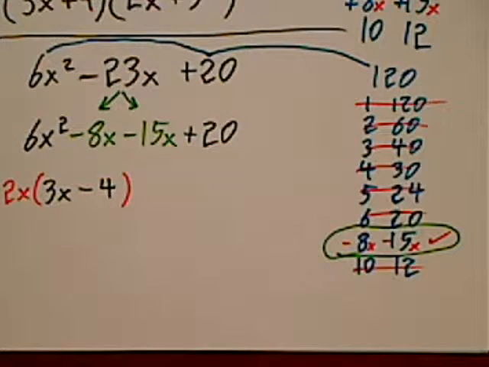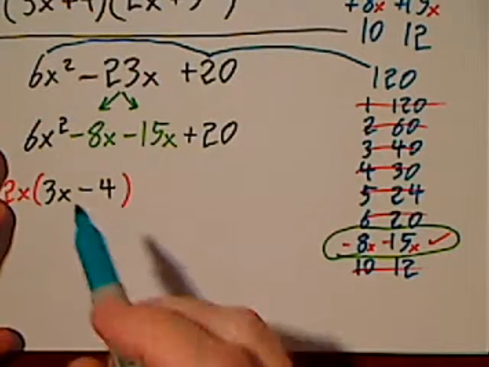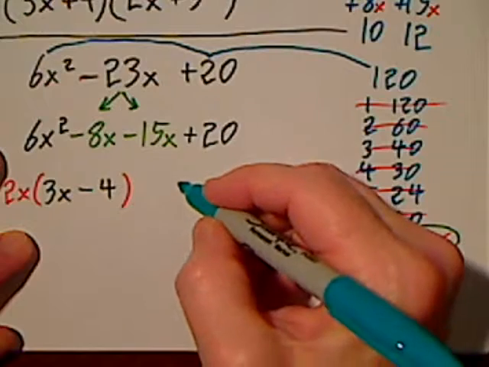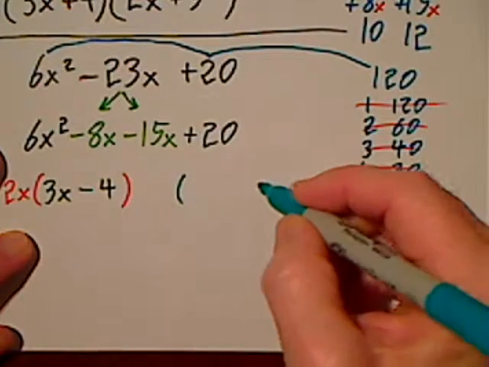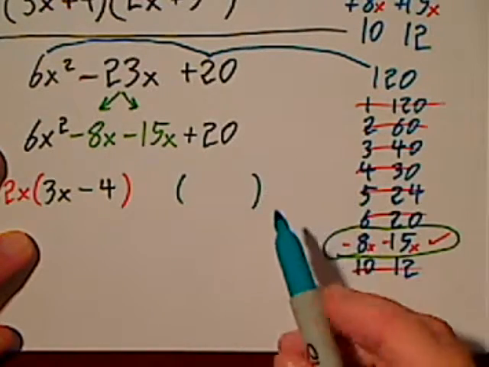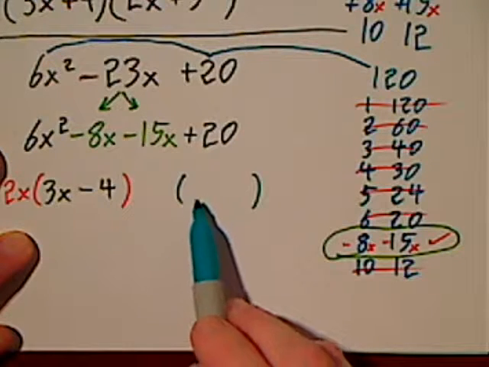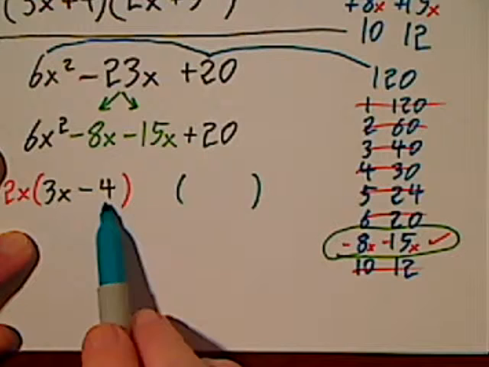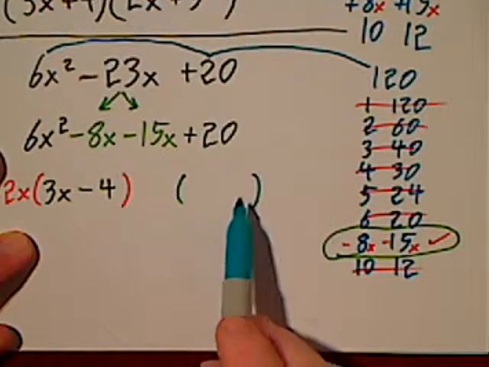Okay, and here you have to be quite careful. Notice that I have 3x minus 4 in parentheses, and when I end up with my set of parentheses over here, I want to end up with 3x minus 4. I want what's inside these parentheses to be exactly the same.